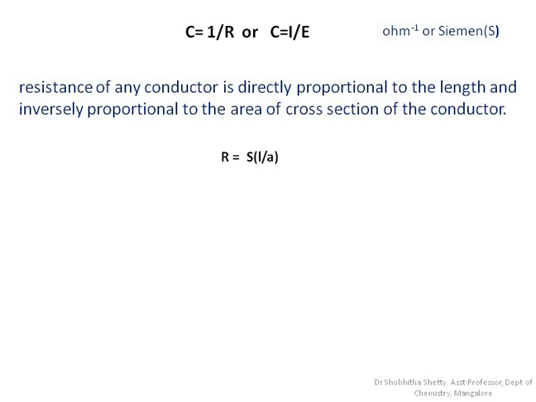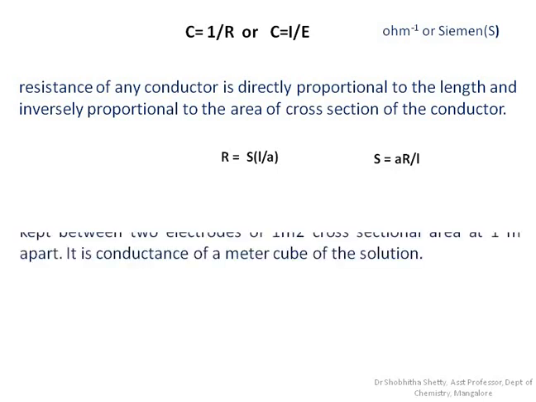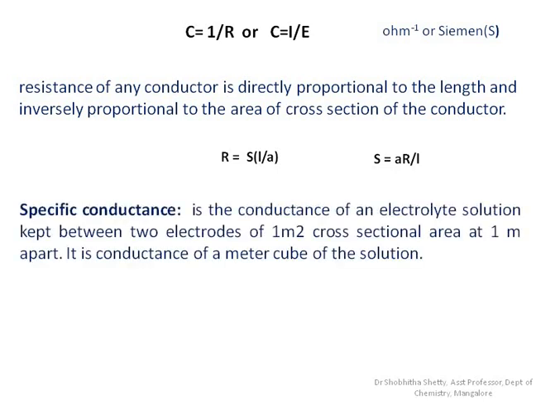So it is the conductance of usually a meter cube of the solution. Actually, specific conductance is the conductance of a meter cube of the solution, where the distance between the two electrodes of cross sectional area is 1 meter apart. So here also, for the term specific conductance, how we can relate it, that is conductivity.